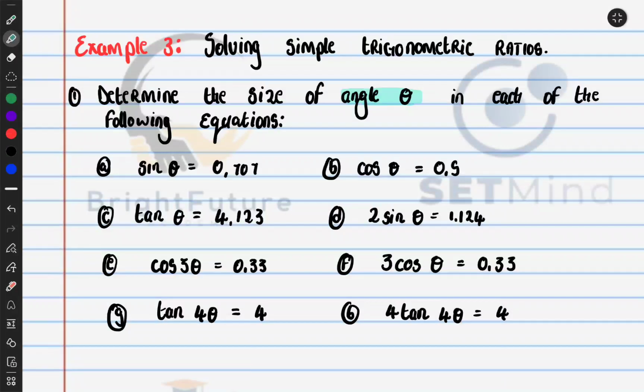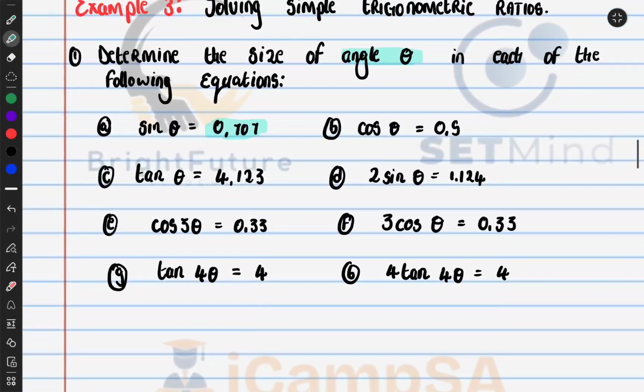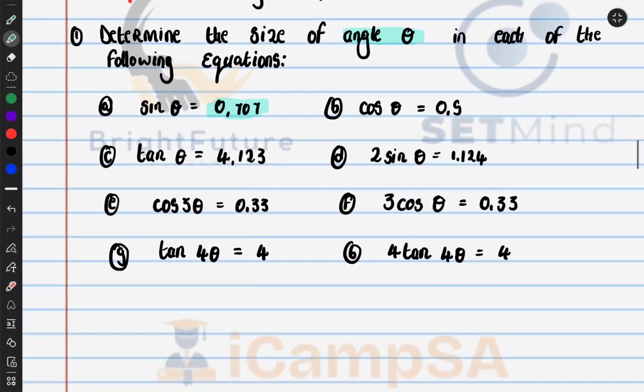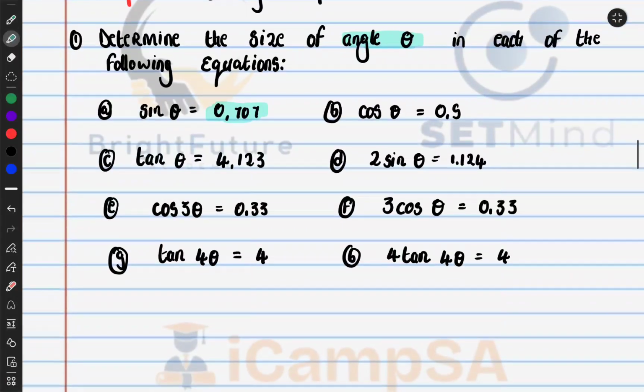We're given the ratios, and now we have to solve for the angle, so once again you're going to be using the calculator to solve for angle theta. There is some sequence of steps that you should follow in order to do that.